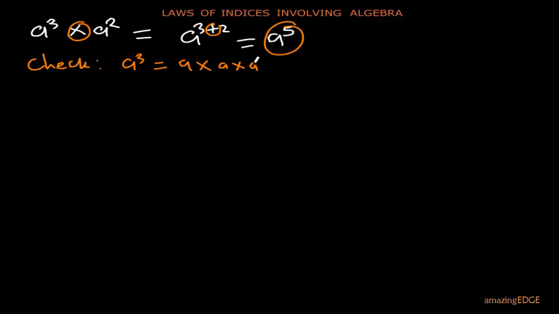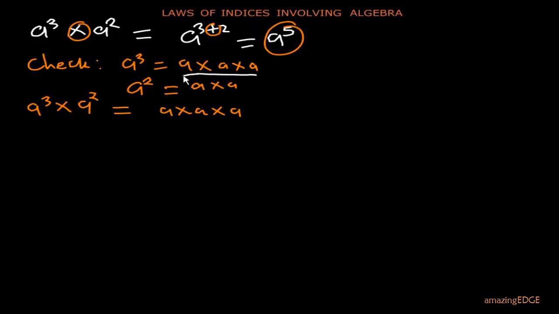Then I will also find out that a squared is the same thing as a times a. Therefore, when we have a raised to power 3 times a squared, this is nothing else but saying a times a times a. That's this first part.